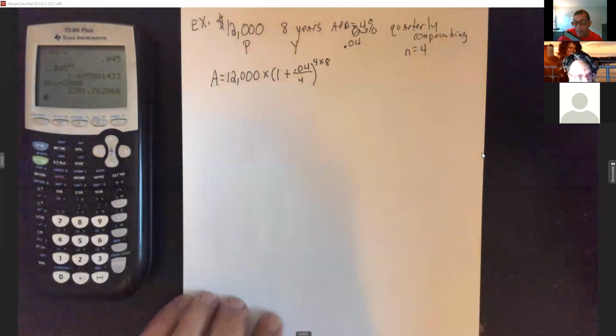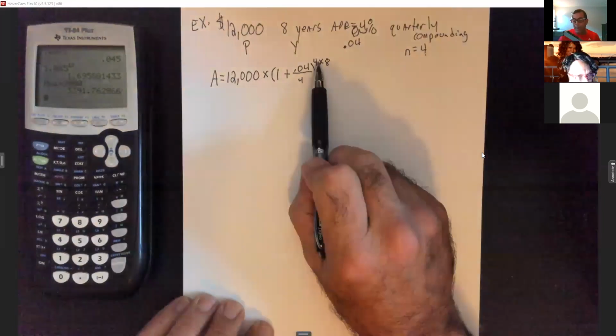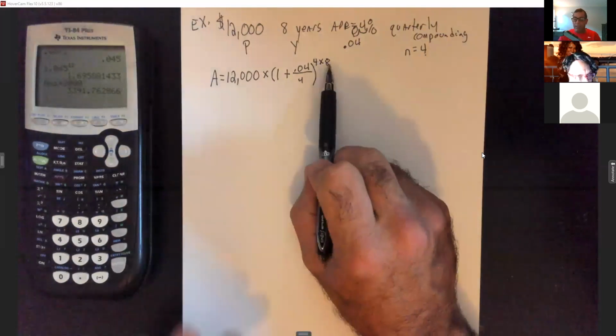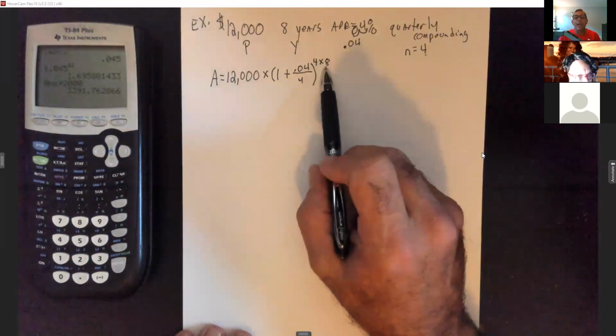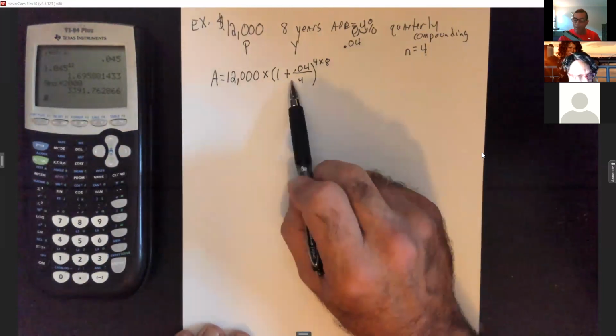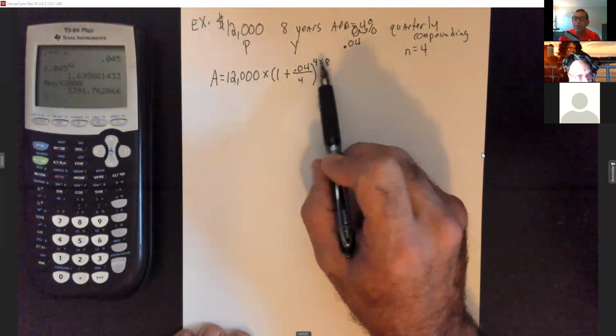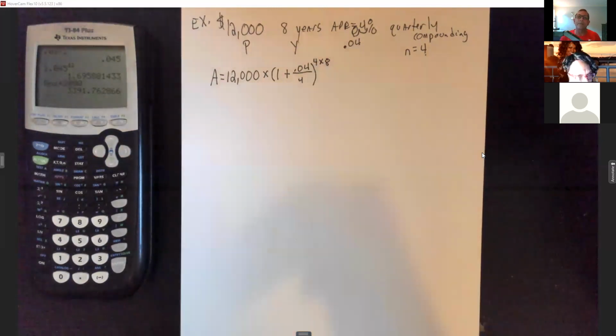And I'll tell you why they do this part right here, because the number of compounds times the number of years gives you a total of 32 compounds that's going to happen to this interest rate, okay? They're doing this 32 times. That's how you make money on these, okay?